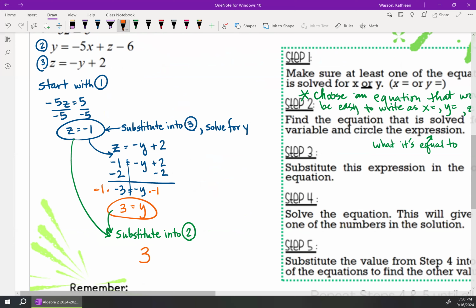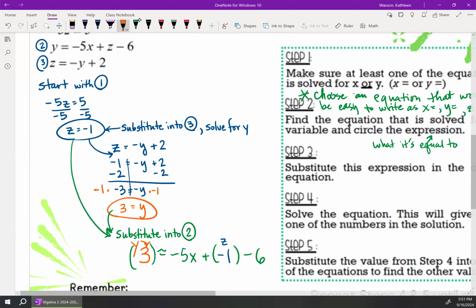And also, here I have 3 equals negative 5x. X is the one we don't know. And then plus z, I know what z is. Z is negative 1. So I'll put a negative 1 for z. And this equation has a minus 6. So I substitute for z, and I substitute for y.